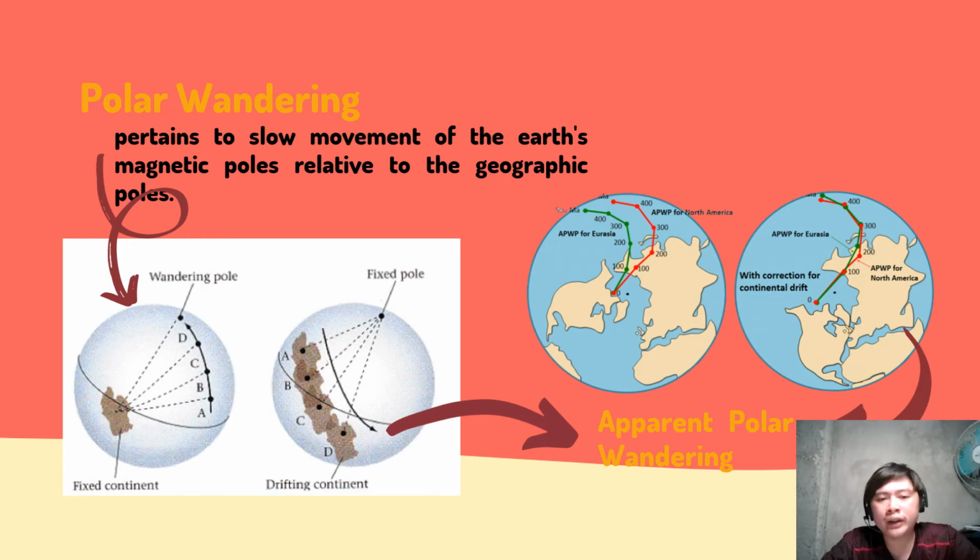While the other one is what we call apparent polar wandering, wherein it is the continents that drift or move apart from each other, and not the magnetic poles.